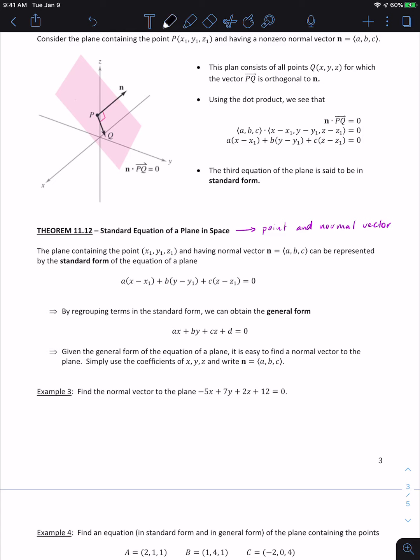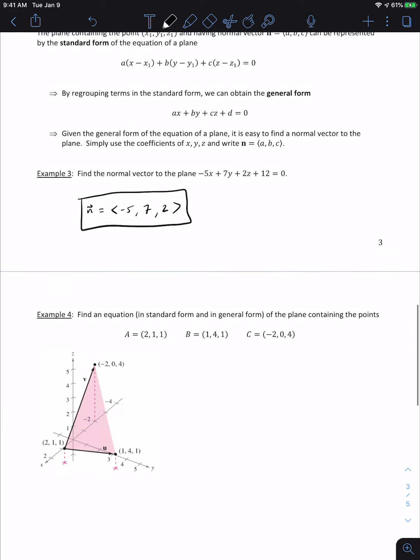So for example here, example 3, the normal vector to the plane negative 5x plus 7y plus 2z plus 12, that's a plane. And if I wanted to find the normal vector, it would just be the coefficient of x, which is negative 5, the coefficient of y, which is 7, and the coefficient of z, which is 2. All right, so that is the normal vector to the plane.